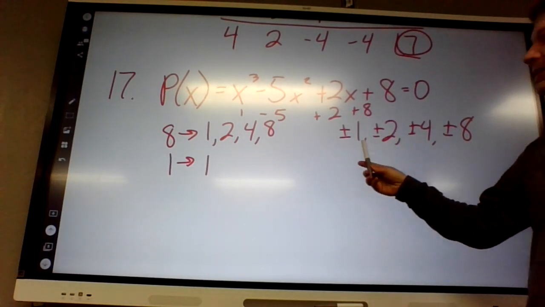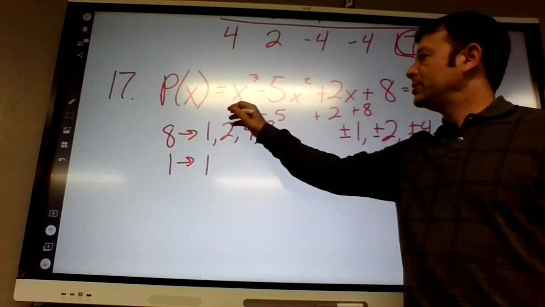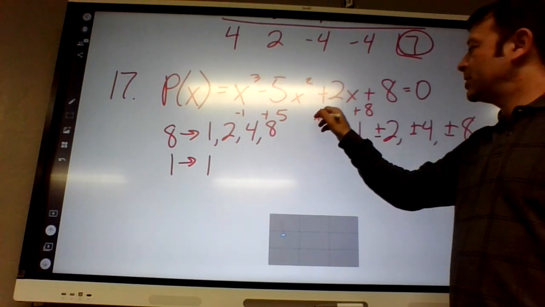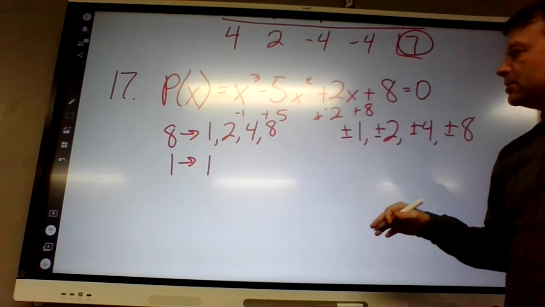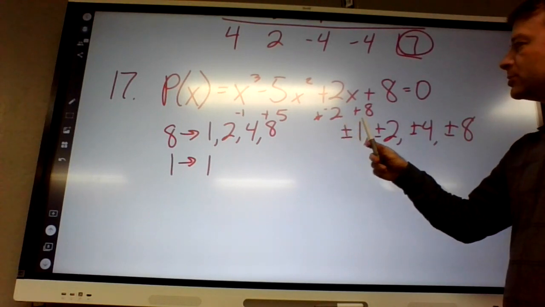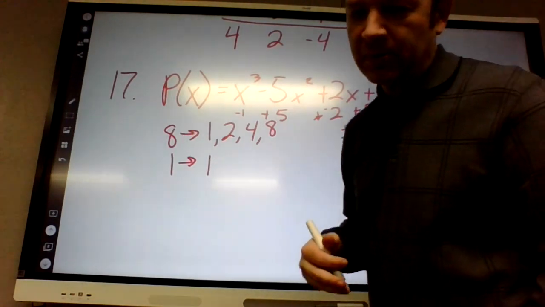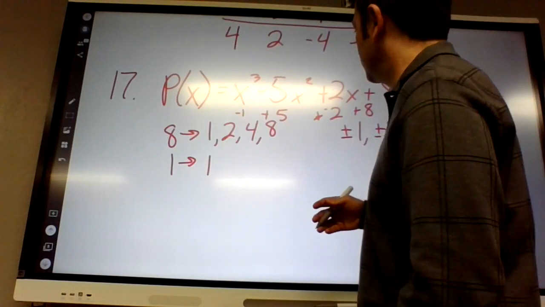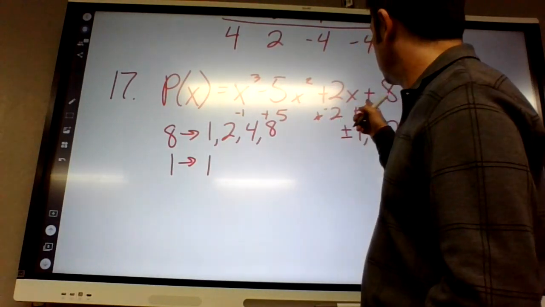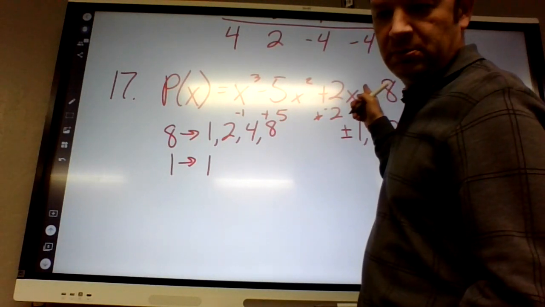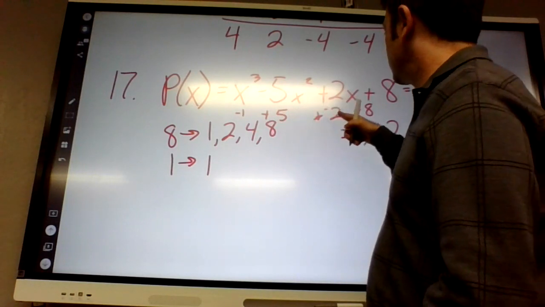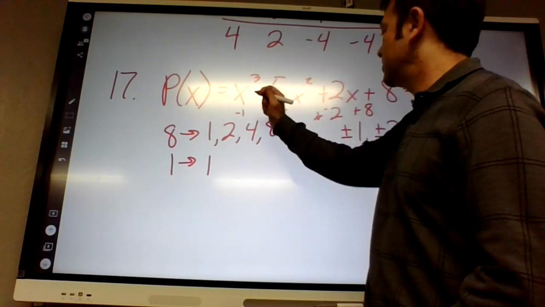If I plug in negative 1, that would be negative 1, this would be plus 5, this would be minus 2. No, I thought negative 1 was an answer. It was. What did I do wrong? Negative 1 plus 5, or no, there's a minus right there.